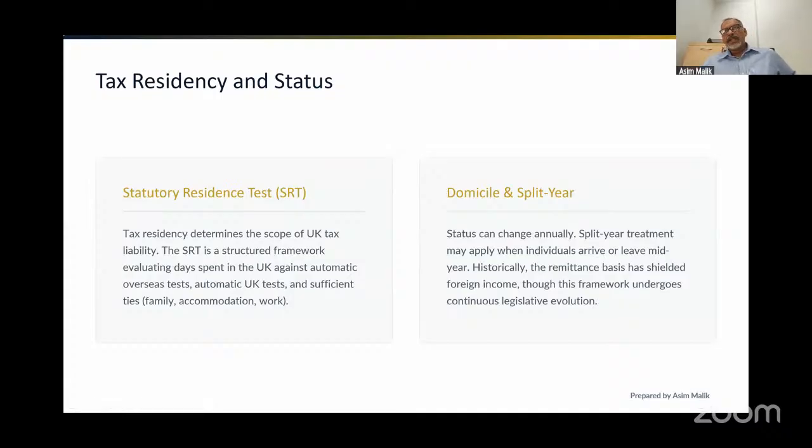Now, one of the main aspects, especially for high net worth individuals who are moving to different countries, or individuals coming to the UK to work, is the tax residency status. For the last 20 to 25 years, tax residency has evolved. Previously, a taxpayer was only liable to pay taxes on UK income unless they were tax resident.